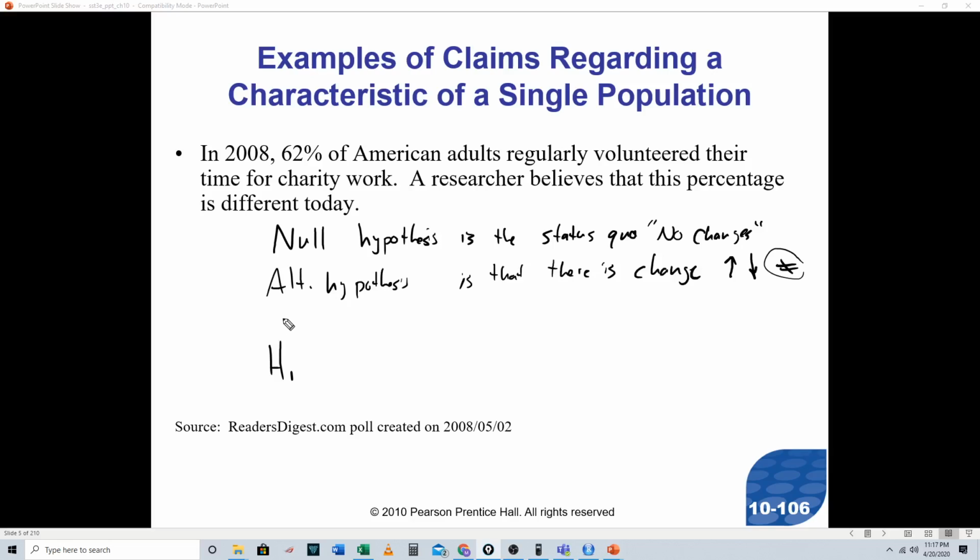Again, I've used several different books, and some use H sub 0 and H sub 1, where this is your null and this is your alternative. I've had other books use H sub A. Don't remember what this one does. Let me see what this one does.